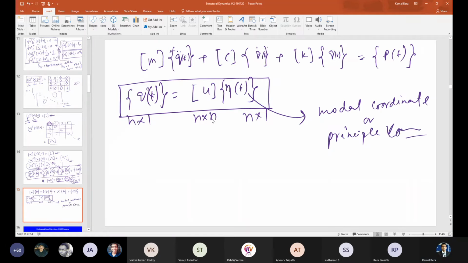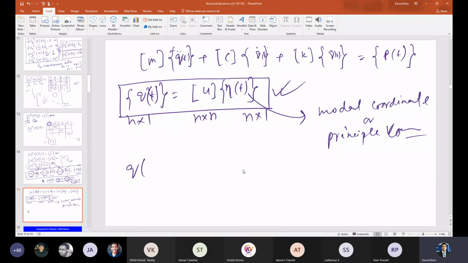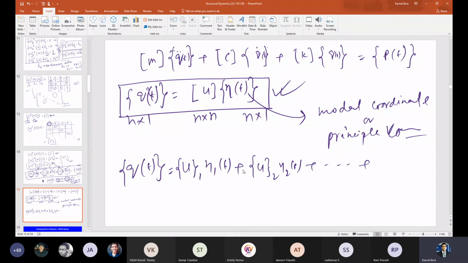Understood how it is coming? Again, I am explaining: U1 eta 1 t, U2 eta 2 t, and so on, up to Un eta n t.